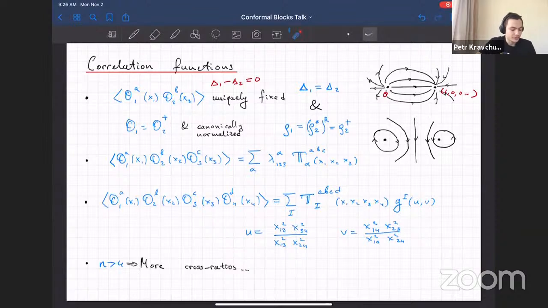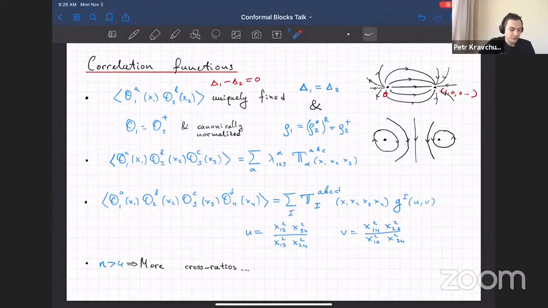But now the difference is that if we had, for example, scalars, or we were in 2 dimensions, this 3-point function in a particular configuration would be just a number, some dynamical quantity that we need to know, and given this one number, we can compute the 3-point function in all other configurations. Now, if we fix points x1, x2, x3 to some standard configuration, we still have these indices A, B, C, and we have to specify more than just one number.